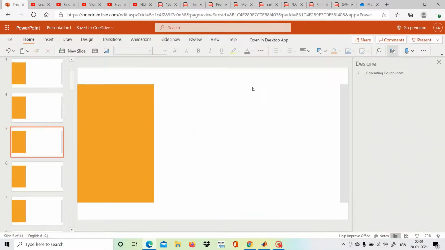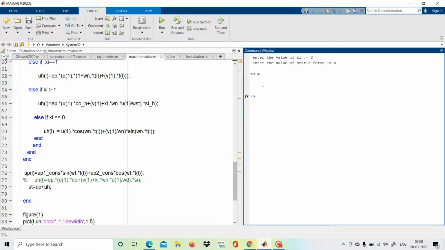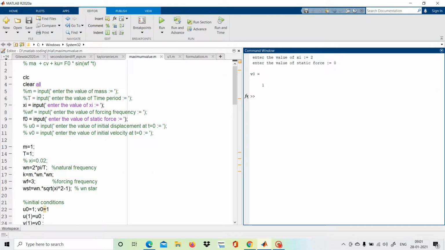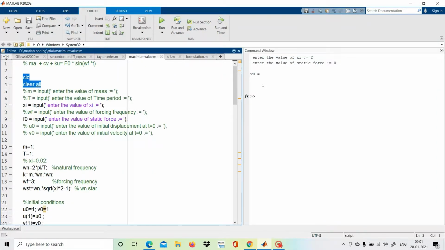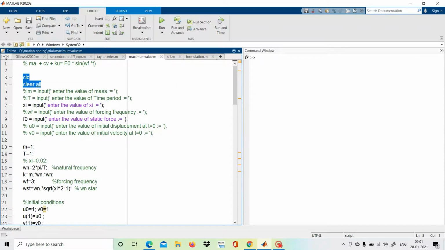So we will just go to Matlab and we will first write clear all. Okay, so we will see the workspace also. This is clear. Now we'll see how to write the code.